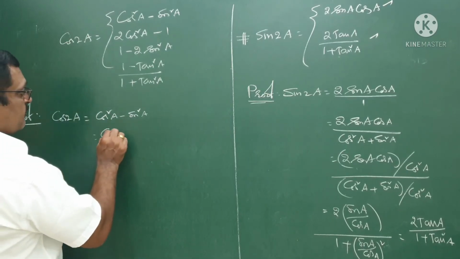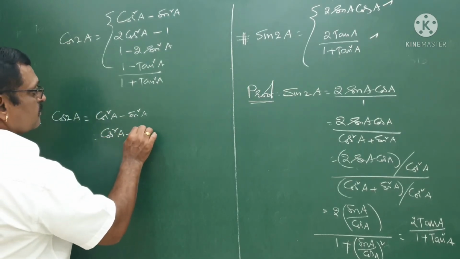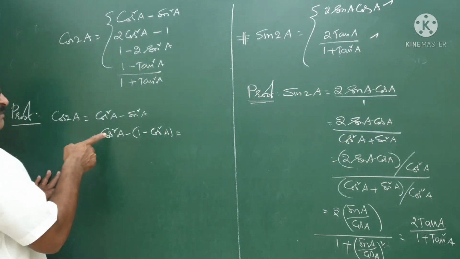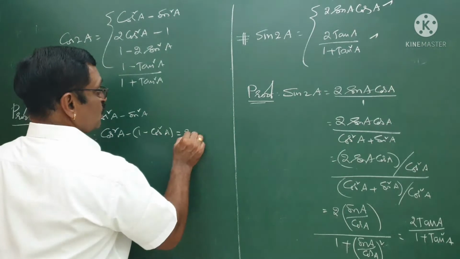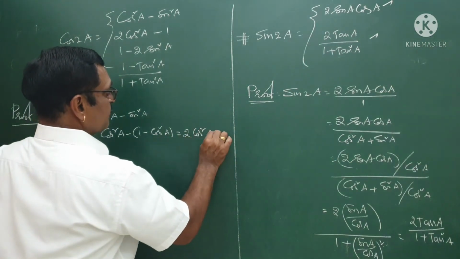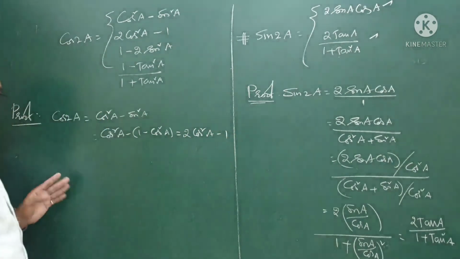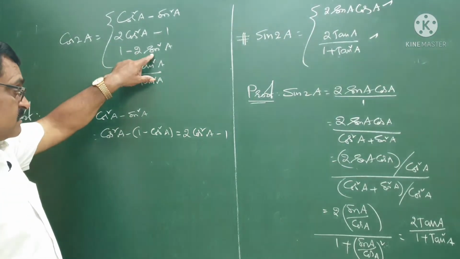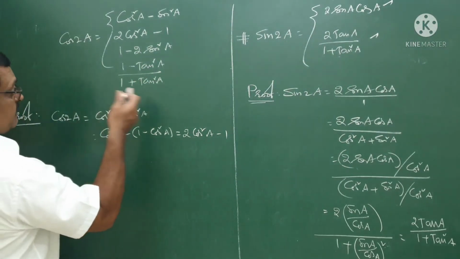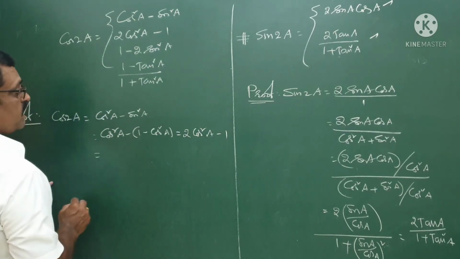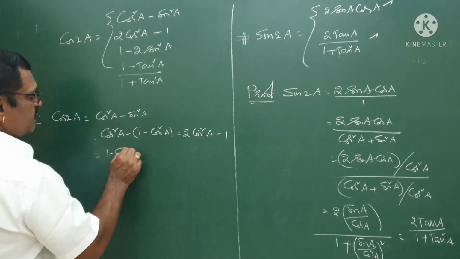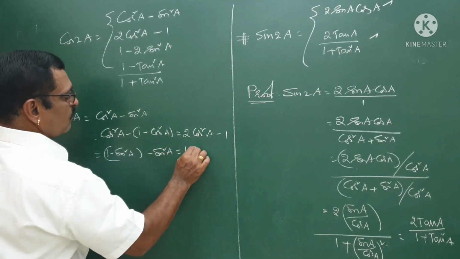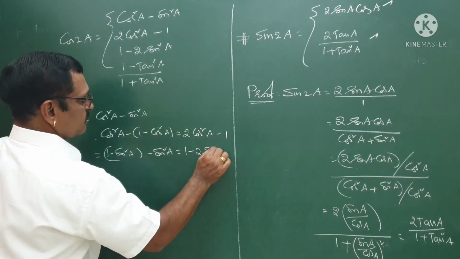We have cos square A minus 1 minus cos square A. If you simplify cos square A plus cos square A, 2 cos square A minus 1. Now I don't want cos, I want sine. So convert cos square A in terms of sine square A. We get 1 minus sine square A minus sine square A, or 1 minus 2 sine square A.